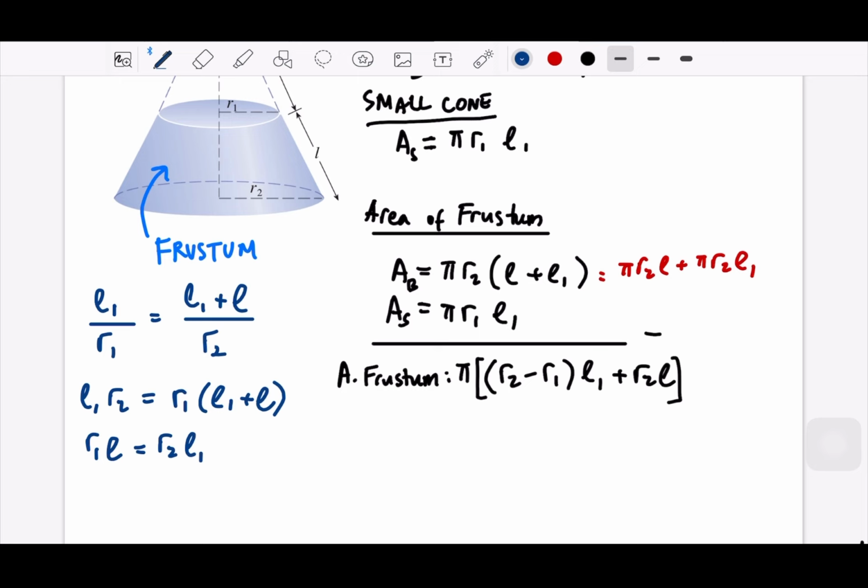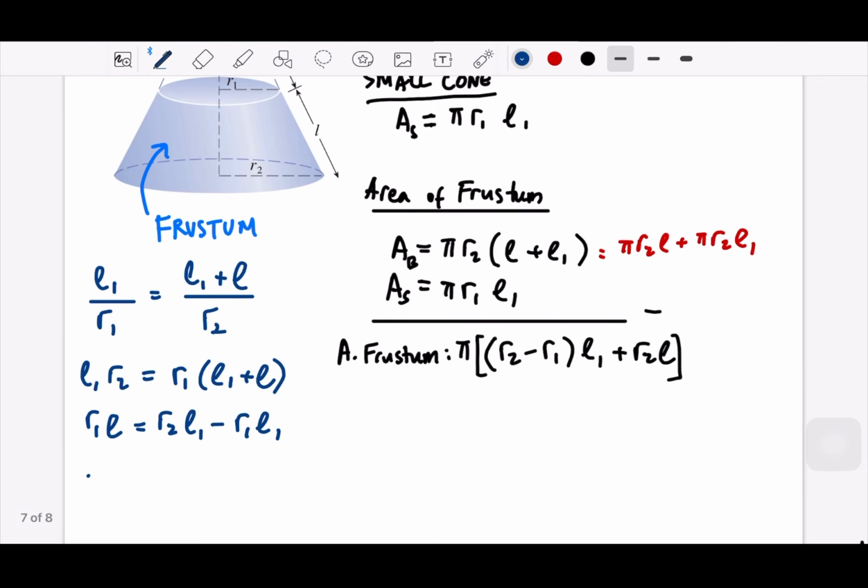R2 L1 minus R1 L1. And then this is what we have. So this R2 minus R1 L1, we could exchange to R1 L.